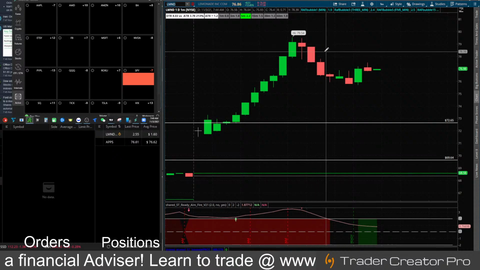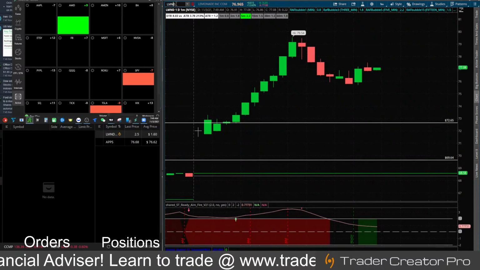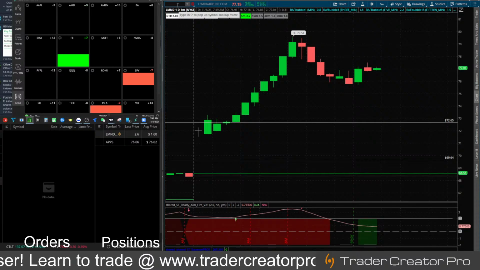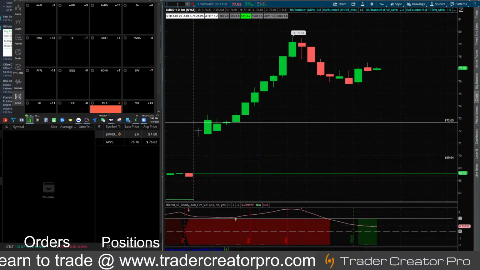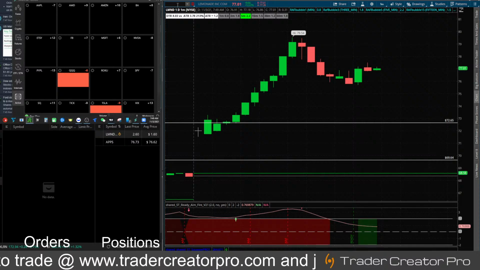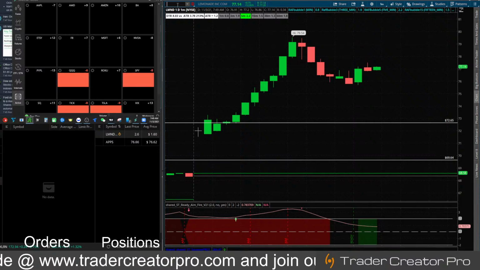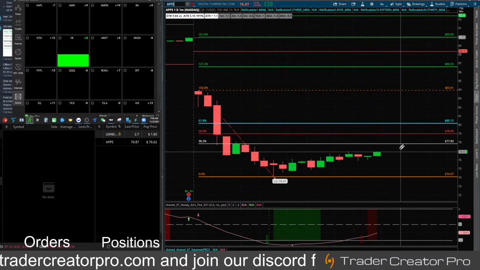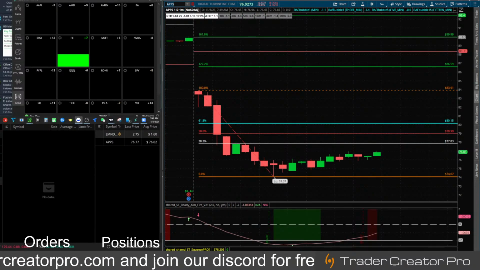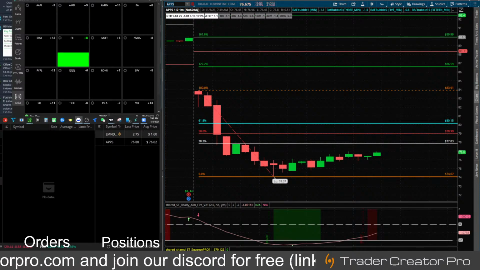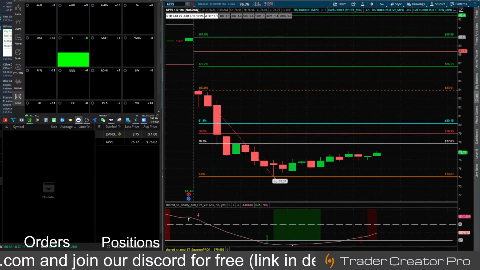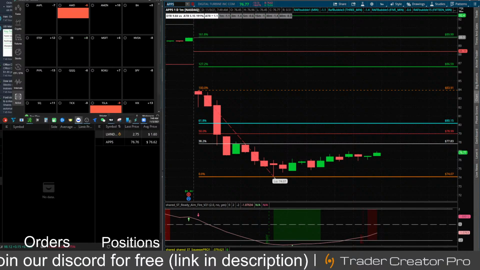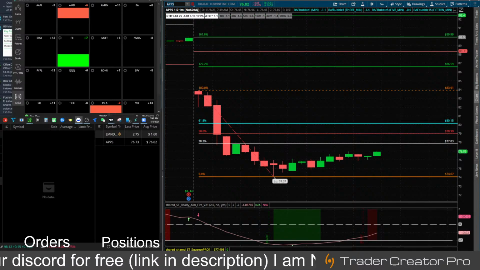Tesla rejecting the 1190 again. Taking off half of, took off half of APPS there again.